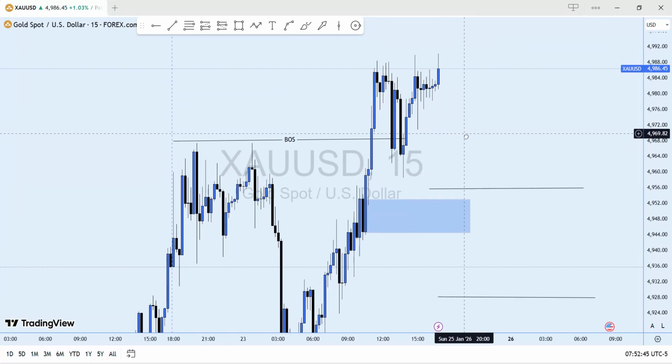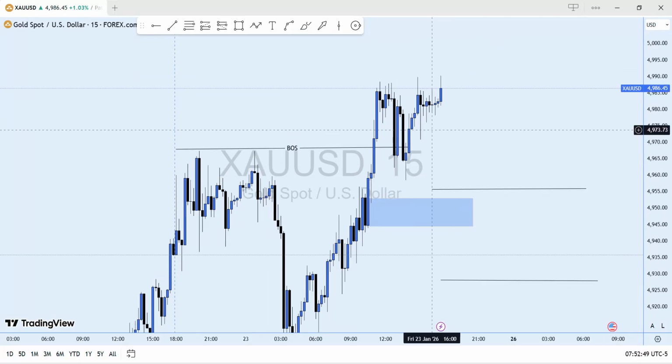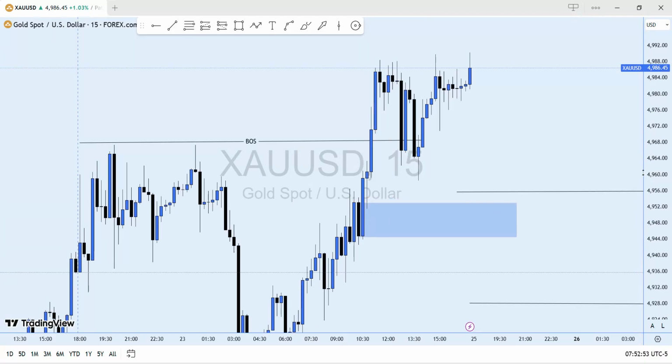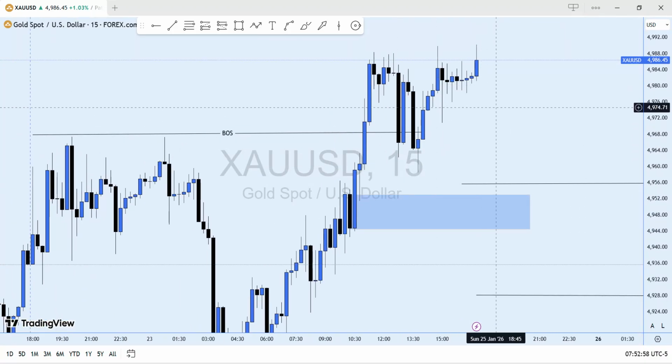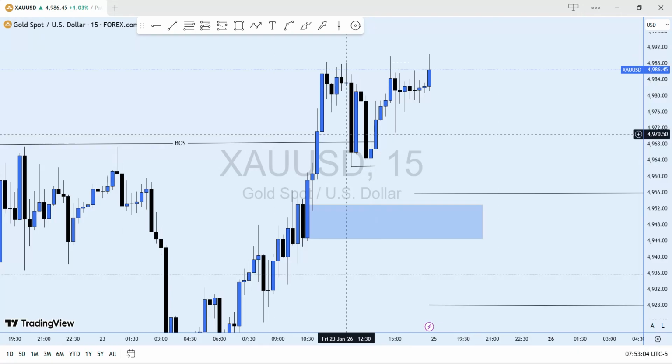All right, so after a shift in the market structure, after a break of structure, the first pullback we have is this one, which is our inducement, right? You see, as the market pushed down, it went up again and then came down and took it, right?